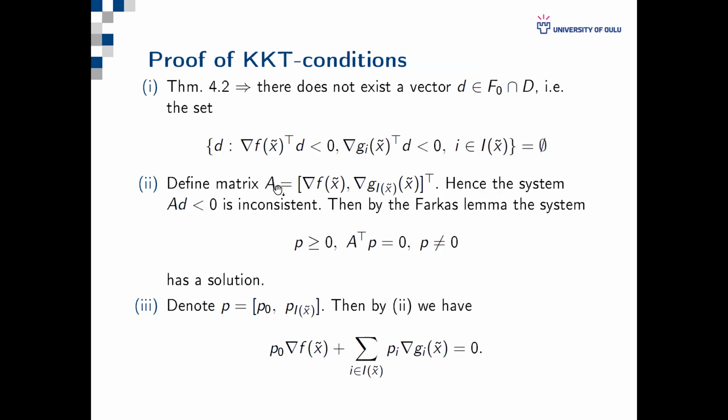About the proof. If x tilde is a minimum point, there is no vector d contained in F0, the cone of improving directions, and in the cone of feasible directions. So it means that this set is empty.